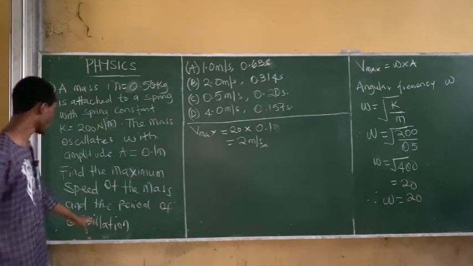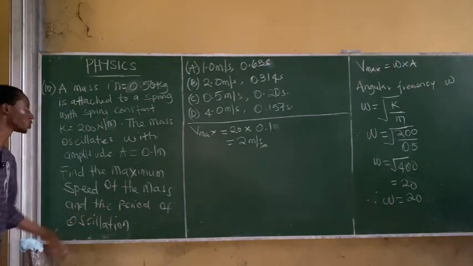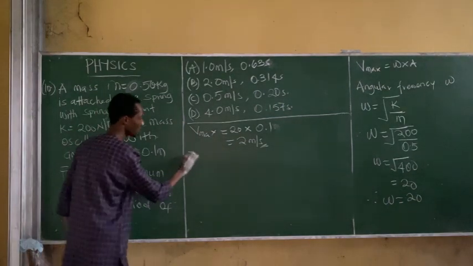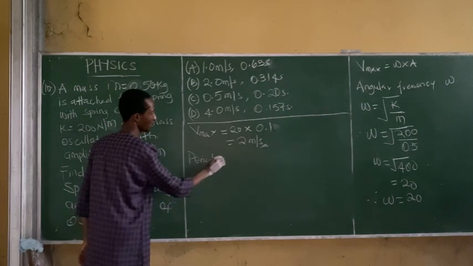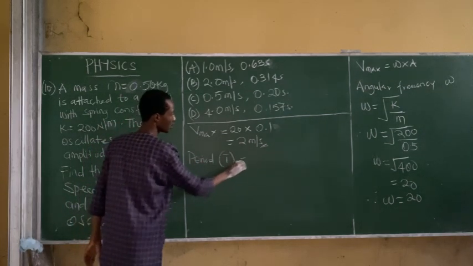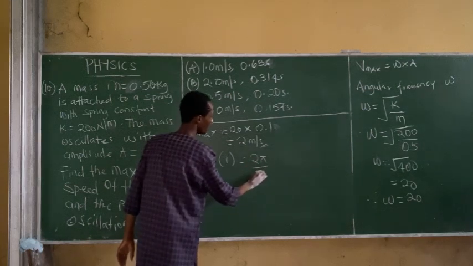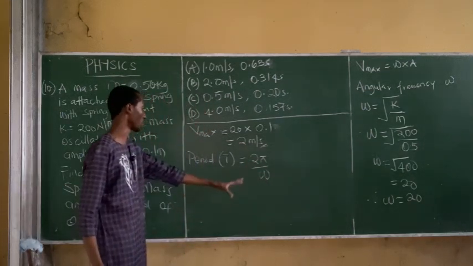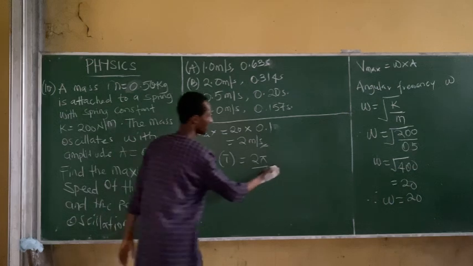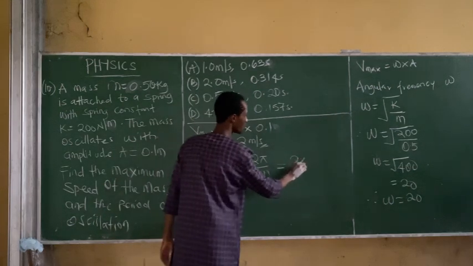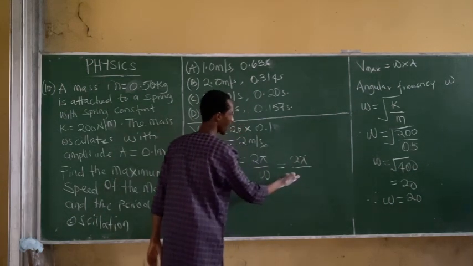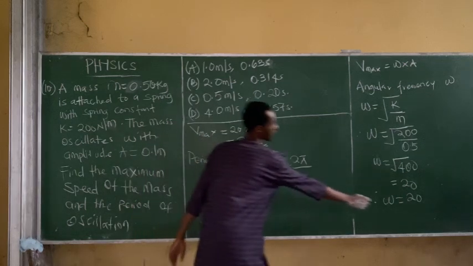The next part of the question says the period of the oscillation. Period, capital T, is equal to 2 pi over omega. This is the formula for period. Here we have 2 pi over our omega, which from the question is what? 20.